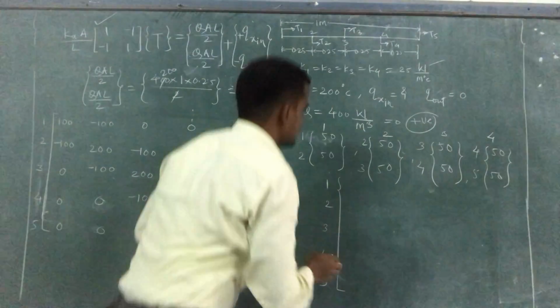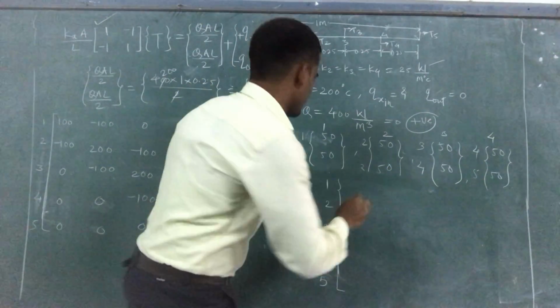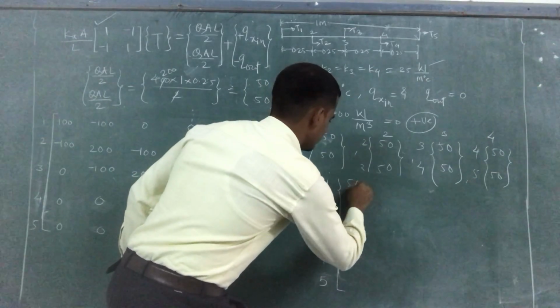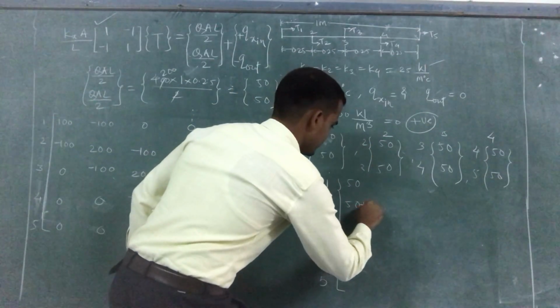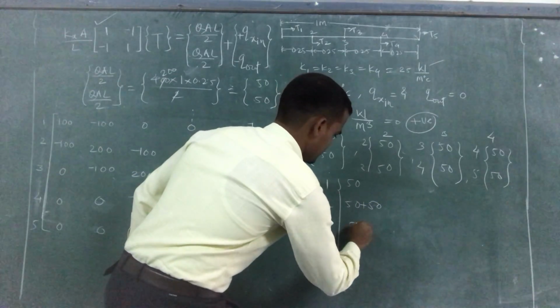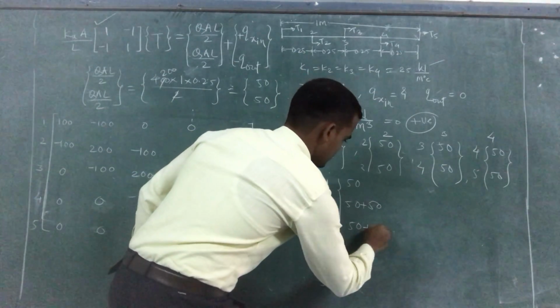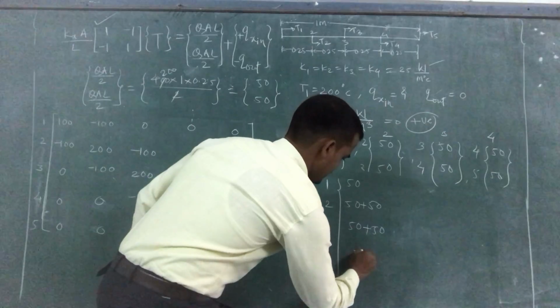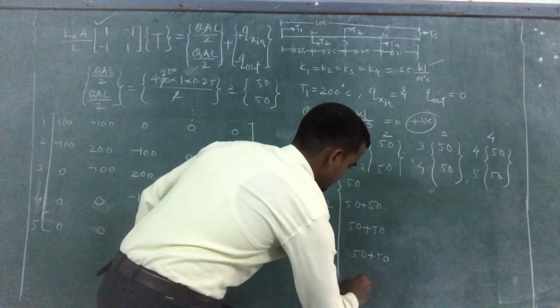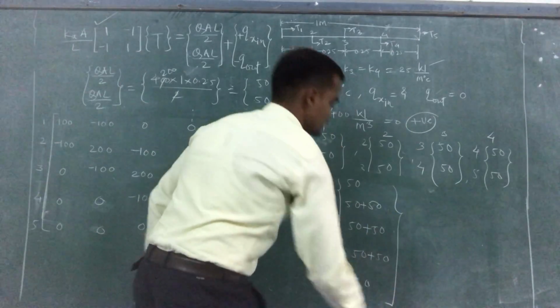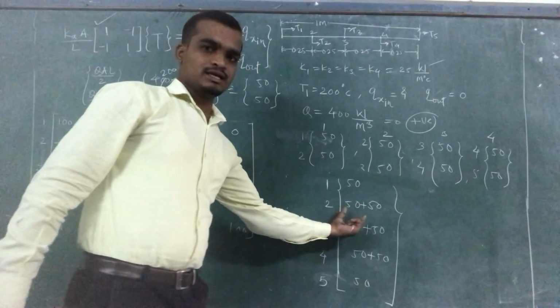So for first, between first and second, 50, 50. Between second and third, 50, 50. So it will become 50, 50. For third and fourth, 50, 50. And for fourth and fifth, plus 50 and 50. So in this way, you will get the load vector due to the heat generation.